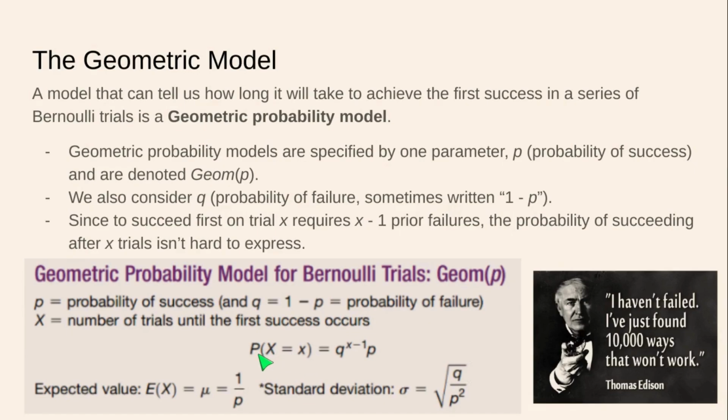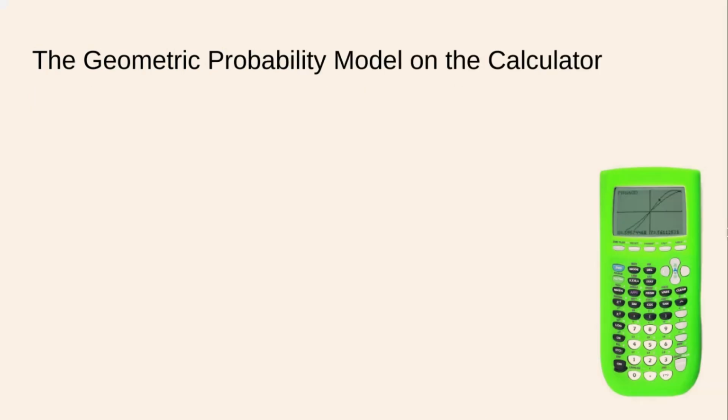So if we want to find the odds that we succeed on trial X, we need X minus 1 fails followed by a success. The expected value is 1 over P, which is interesting and really cool. The standard deviation is the square root of Q, or 1 minus P, over P squared.